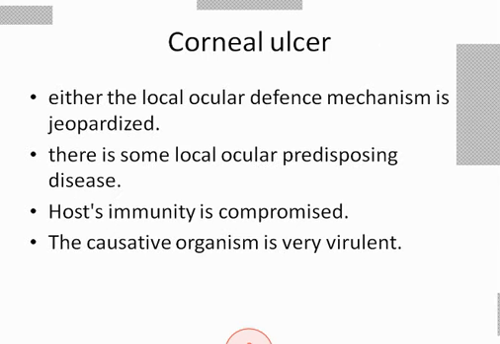If the other local defense mechanisms are jeopardized or breached, or host immunity is compromised, as with viral keratoconjunctivitis or in an AIDS patient with compromised immunity, they will get all types of viral infection of the cornea.